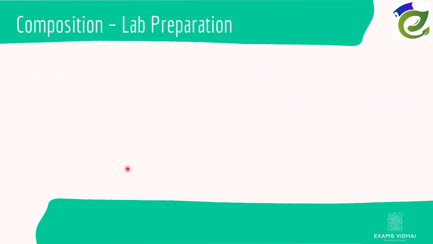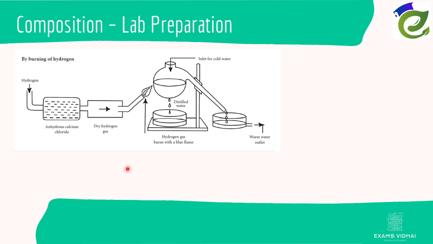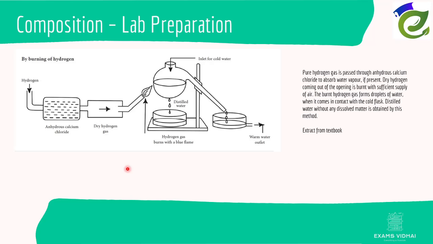In the next slide we will be learning about the lab preparation of water. This is a straightforward step and the only step that is given in the textbook now, and you have to focus on this, as this is the reliable step for creating pure water. This pure water is created by passing pure hydrogen gas through anhydrous calcium chloride to absorb water vapor, and then the dry hydrogen is burnt in the open air to form droplets of water when it comes in contact with a cold flask.